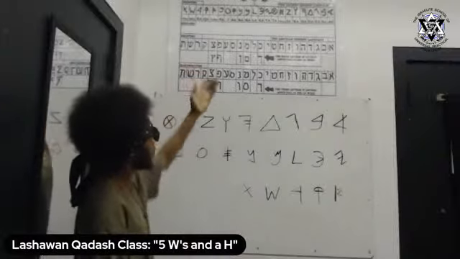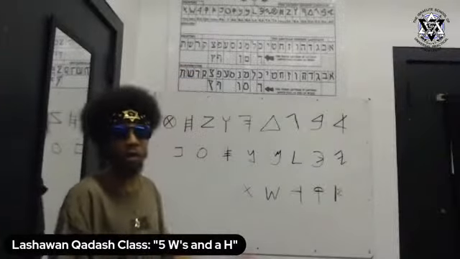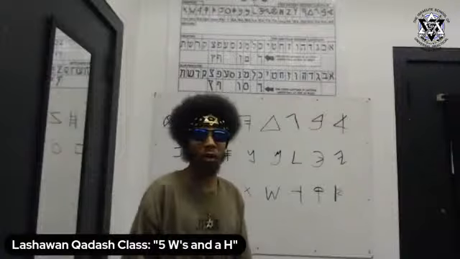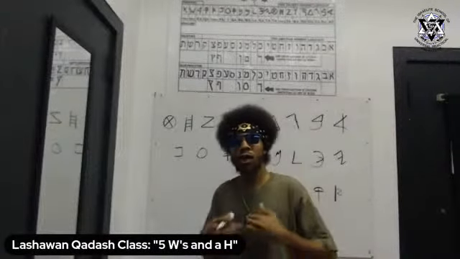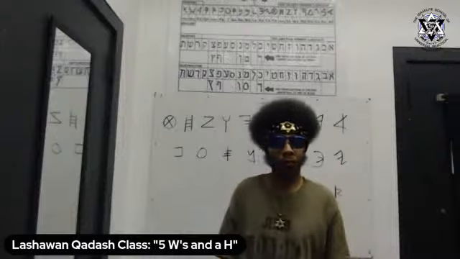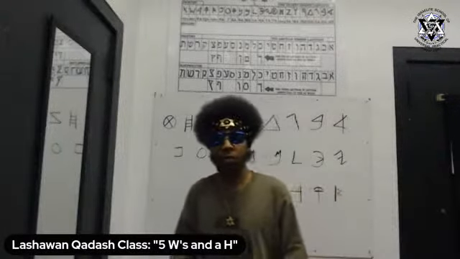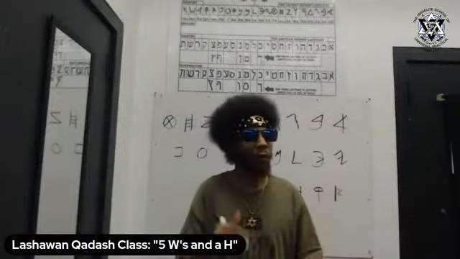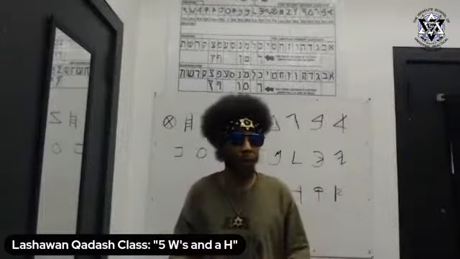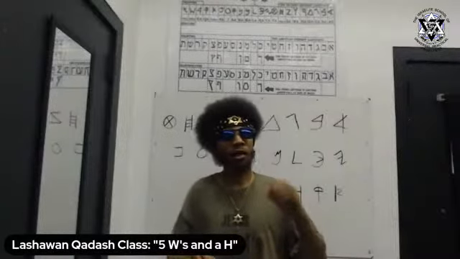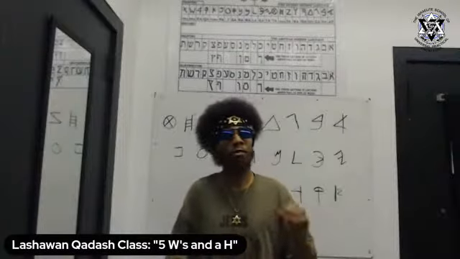It's called the Lashawan Qadash, which means the holy tongue. With the holy tongue, this is our language. Our language is not where we grew up, as far as captivity. There are many Black, Hispanic, Native Indian people who have grown up all over the face of the earth, but understand that they speak different languages because of the captivity.